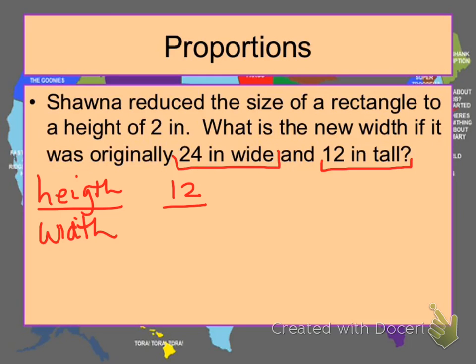Our width is 24. To get the solution, we know that she reduced the size of the height. So this number, 2 inches, relates to the height and has to go in the numerator. So what we're missing then is our width down here on the bottom. That's our variable, our x, w, whatever you want it to be.